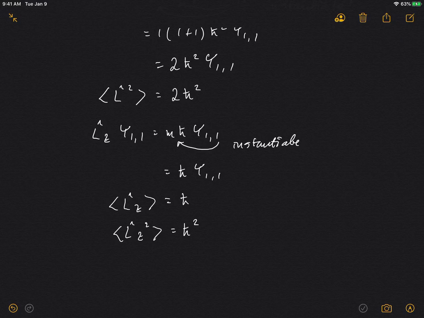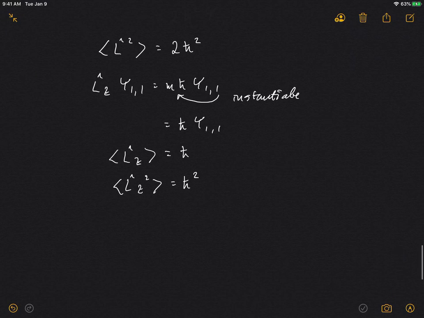So if we compare these, we might notice that our L squared is 2 h bar squared, and our LZ squared is h bar squared.